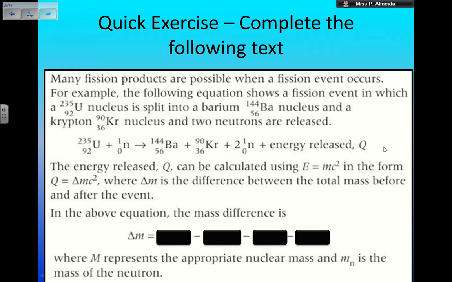And delta m, as I told you, is the difference in the total mass before and after the event, okay? So the mass difference would be the mass of the nucleus of uranium-235, you shouldn't say 238, minus the mass of the barium-144, minus the mass of the krypton, minus the mass of the neutron, okay?